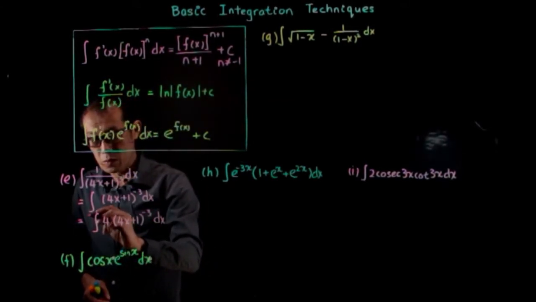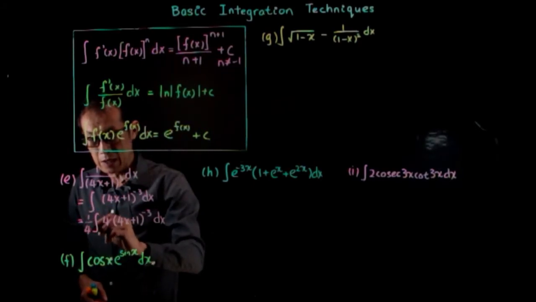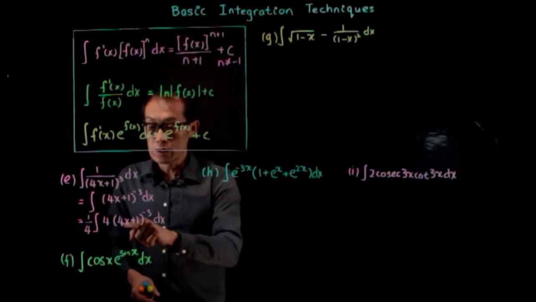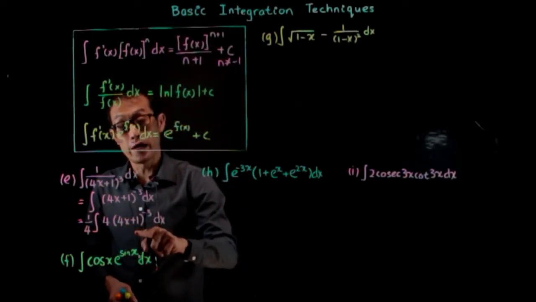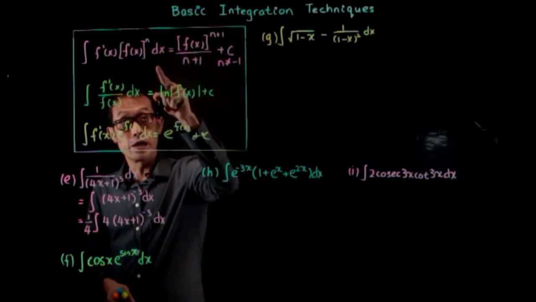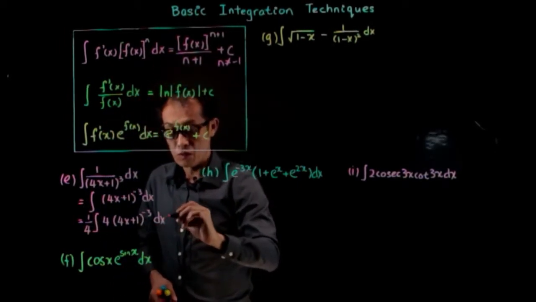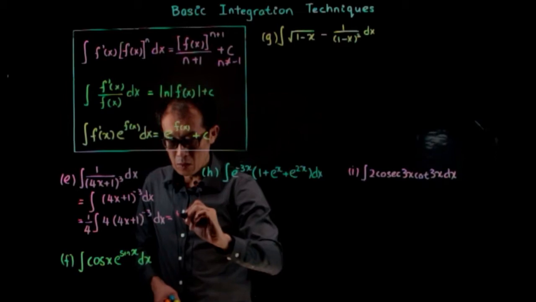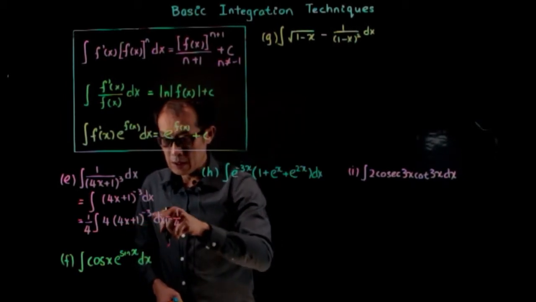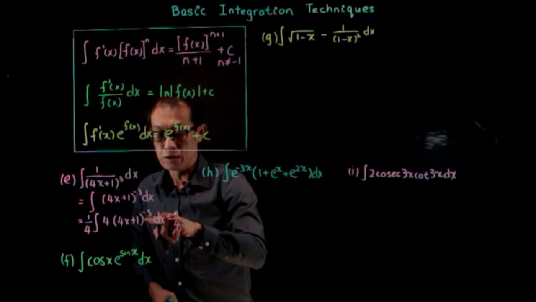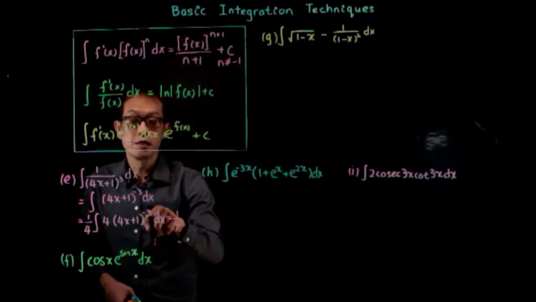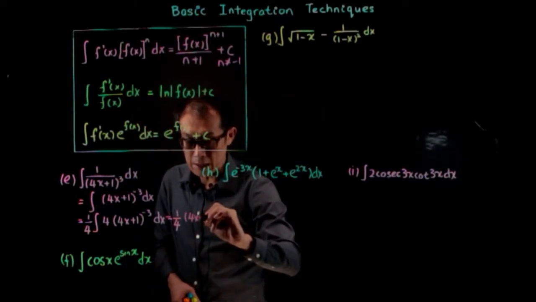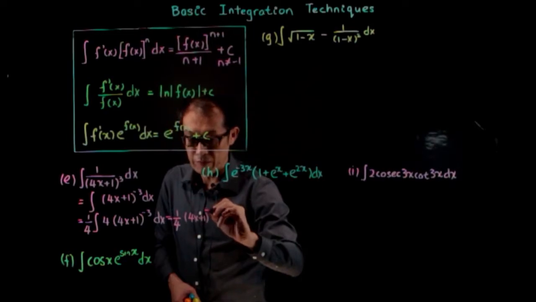Now, we need to multiply by 1 over 4 here, otherwise this will not be equal to this. Now, this part will then be the differential of 4x plus 1. So right now we can make use of this formula. That will be equal to 1/4. Now, you add 1 to the power of minus 3, so this becomes (4x plus 1) to the power of minus 2.